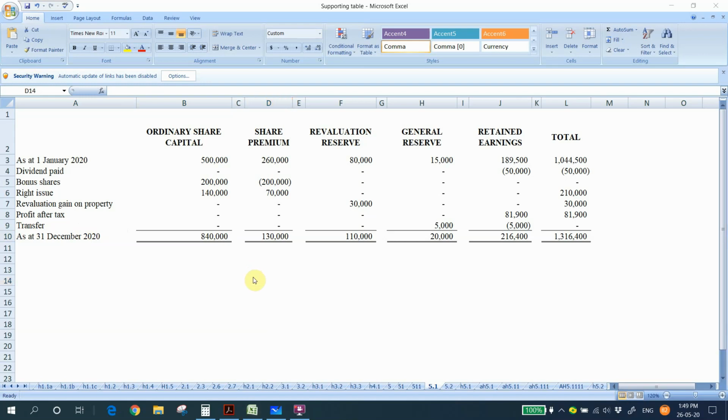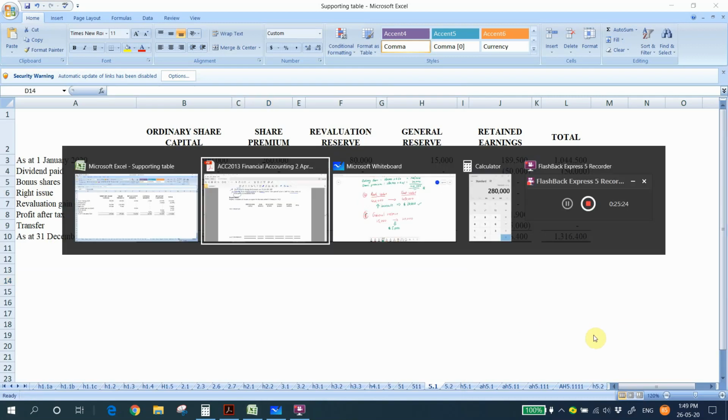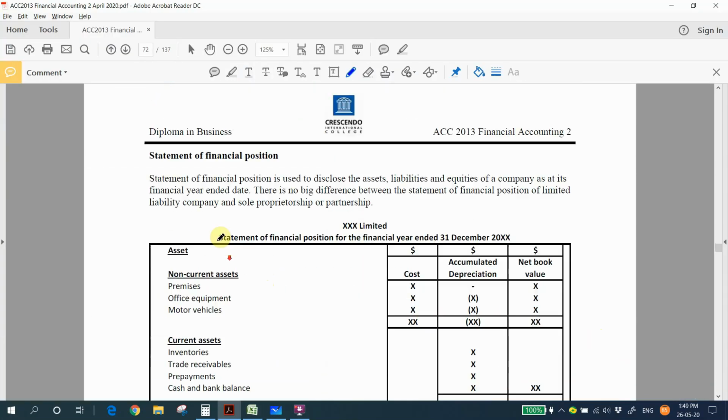And in the last section we will explain the statement of financial position. The statement of financial position is used to disclose the assets, liabilities, and equity of a company as at its financial year end. There is no big difference between the statement of financial position of a limited liability company and a sole proprietorship or partnership.